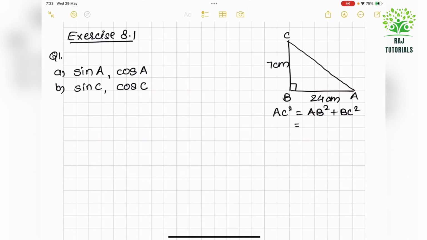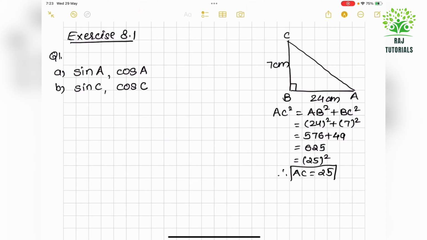So AC square will be equal to 24 square plus 7 square. Now 24 square is 576 plus 49. So this is 625, which is 25 square. So therefore AC equal to 25. Now I know all the three sides.